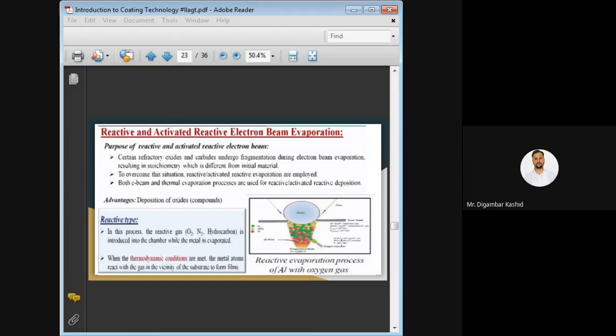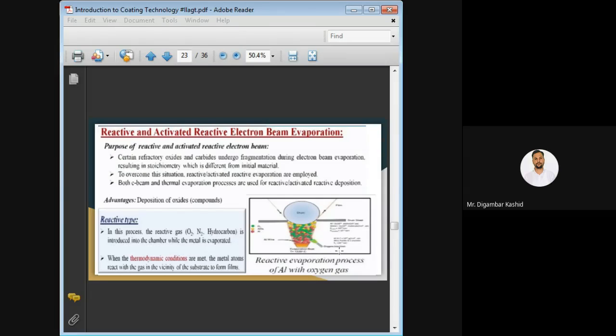In this diagram I have shown the technique. Here we are using aluminum as the material and oxygen as the gas.